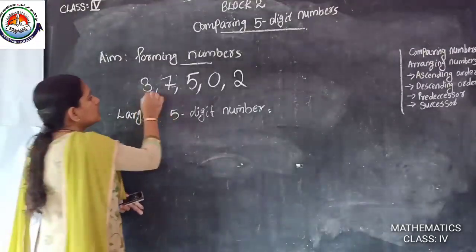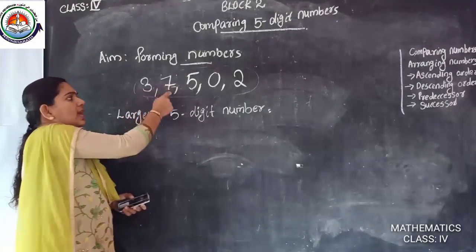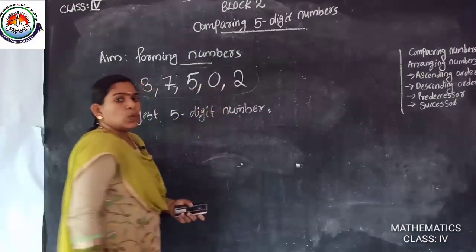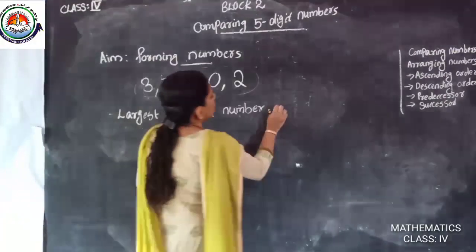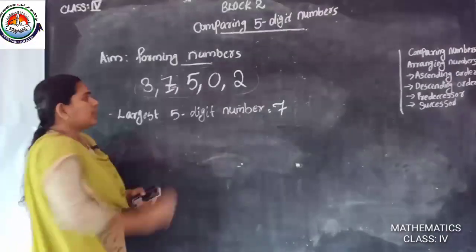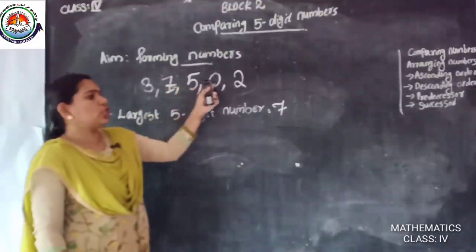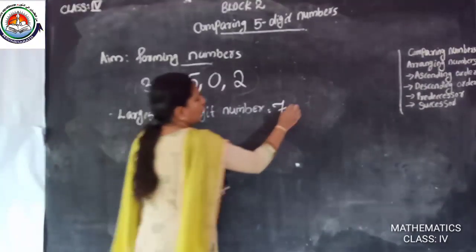Okay. From these digits, 3, 7, 5, 0, 2, which is the largest digit? 7. So 7 is written first. Then next from 3, 5, 0, 2, which is larger? 5. So next is 5.